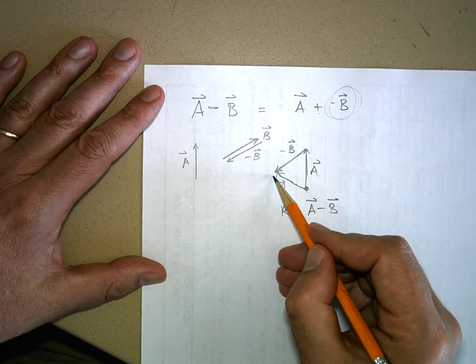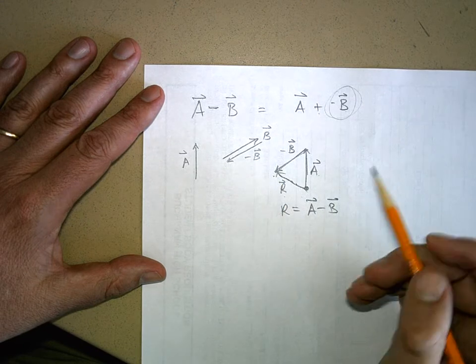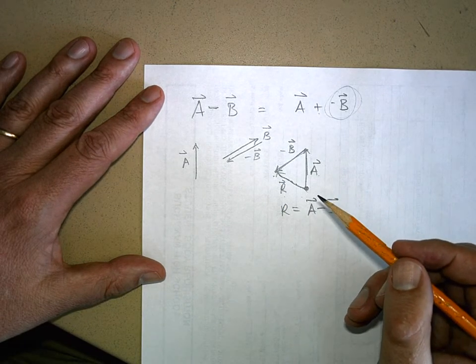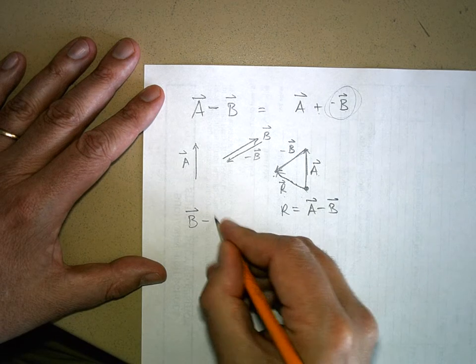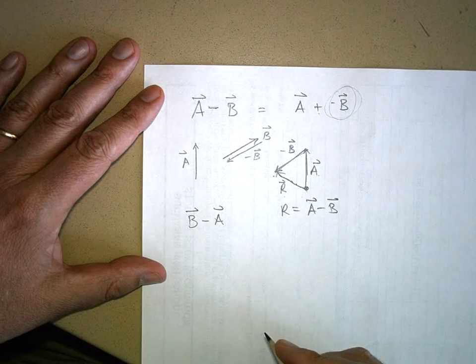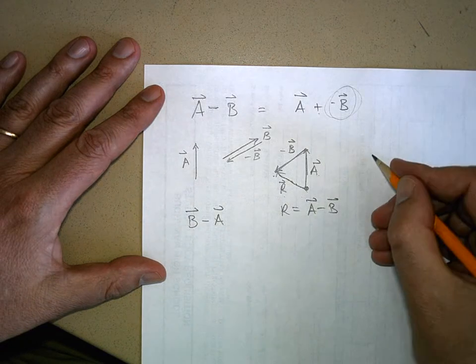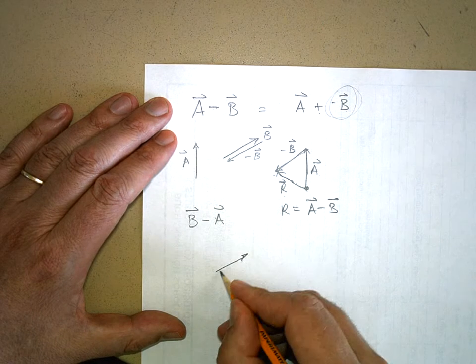That's A minus B. Oh, by the way, notice that the commutative property doesn't work here. What if I went B minus A? Am I going to get the same answer? Not at all. Here's positive B, and again you can check all of these really easily just by drawing a little sketch.